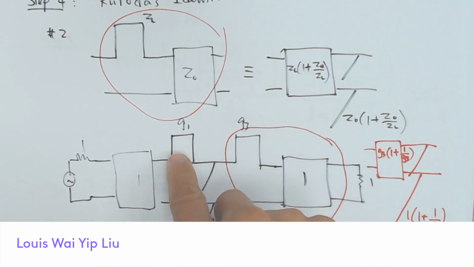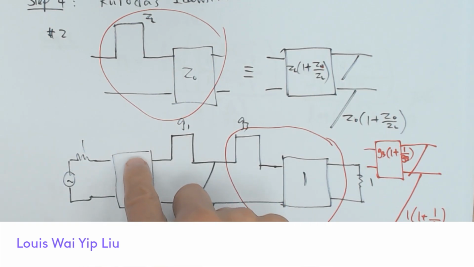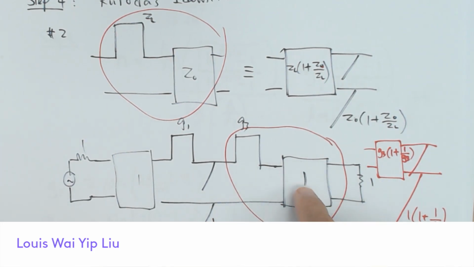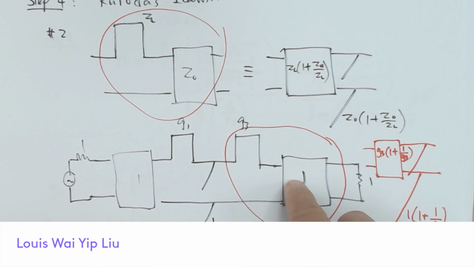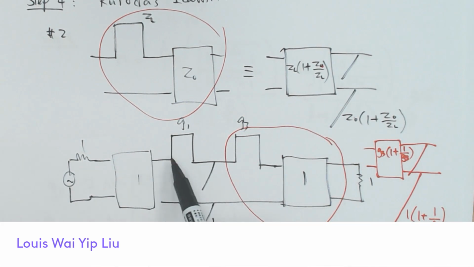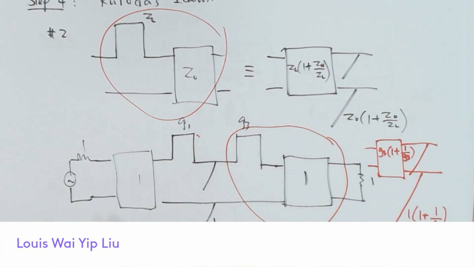But for the combination of G1 and the transmission line section at the input, this is exactly the same as the one at the output, with the only exception that you have left and right mirroring. So in theory, this one here can be replaced with this one. Of course, the left and right have to be swapped.